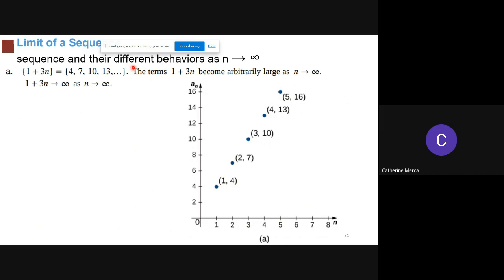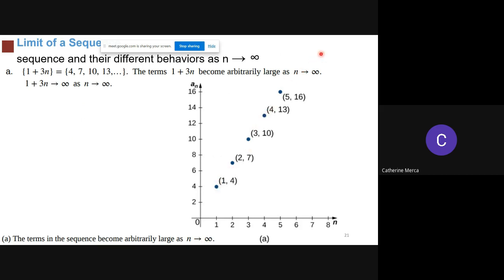We're simply talking about the behavior of this sequence as n approaches infinity. So the sequence will tend also to infinity. It has no limit. That limit does not exist. So the terms in the sequence become arbitrarily large as n approaches infinity. That's what it means.